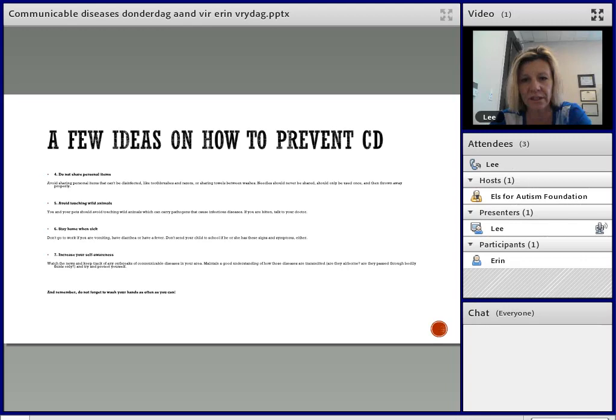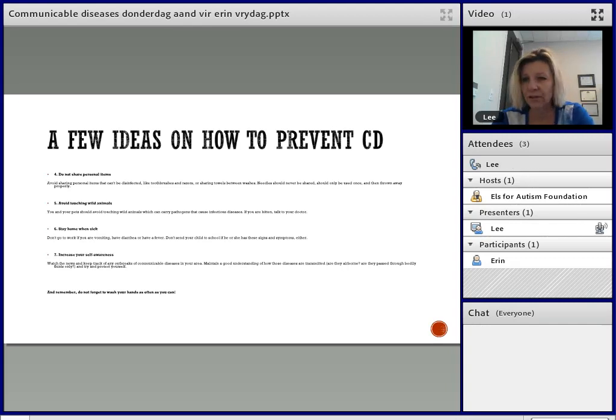Needles should never be shared and should be discarded properly. You're going to want to avoid touching wild animals. You and your pets should avoid touching wild animals, which can carry pathogens that can cause infectious diseases. And of course, if you are bitten, always go talk to your doctor.